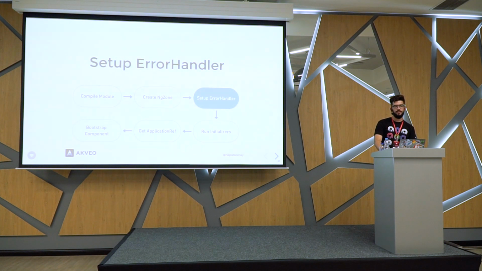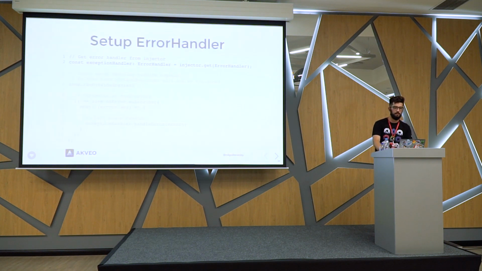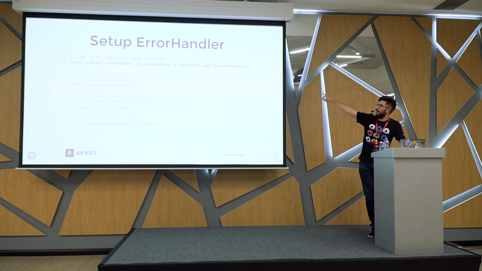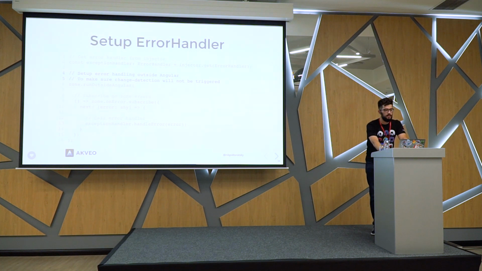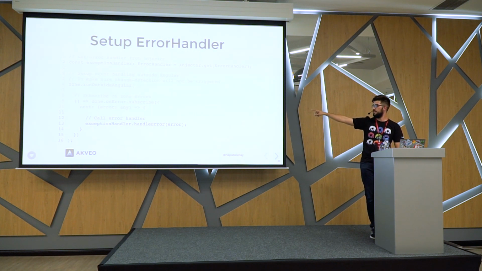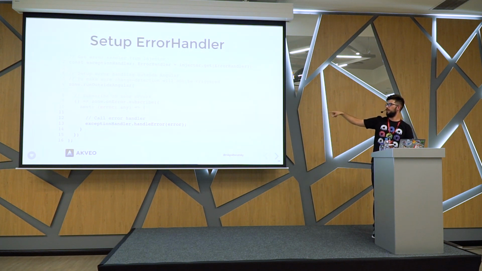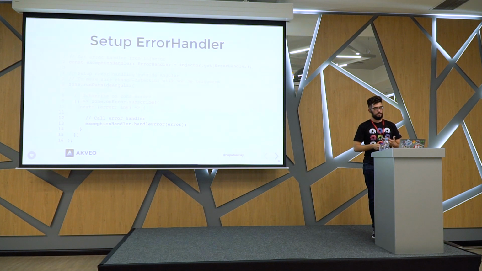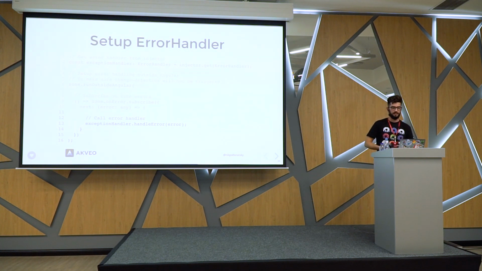When our module is compiled and created and we have a root NgZone set up, the next thing we need to do is set up an error handler. In that case, we are just retrieving an error handler instance from the injector. Then we are subscribing to the errors from the zone and calling the error handler instance as a reaction to those error events.